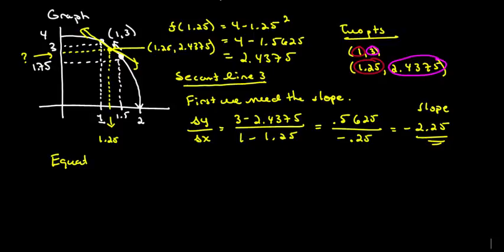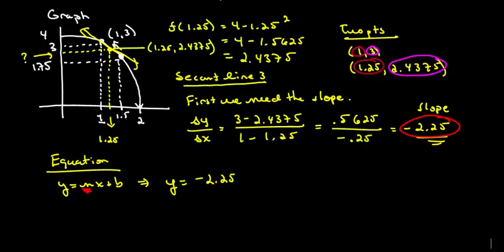But to get the whole equation, we need the b value. So we have y is equal to mx plus b. What do we know? Well, we know the slope. So we can just plug that in, because the slope stays constant along the line. So we've got y is equal to negative 2.25x plus b. We have the x and the y values. We can use either point we want. I'll use the top point here because it's easier to work with.